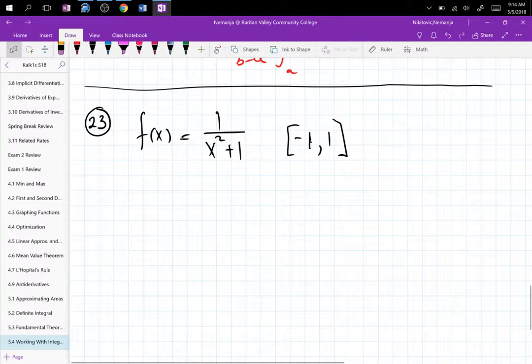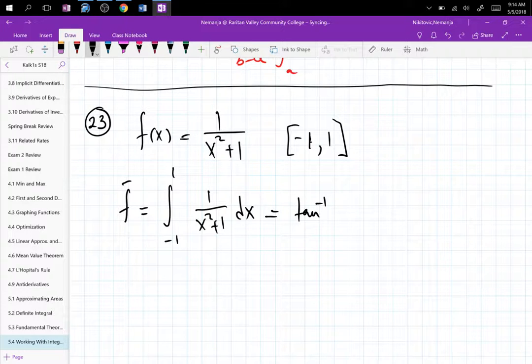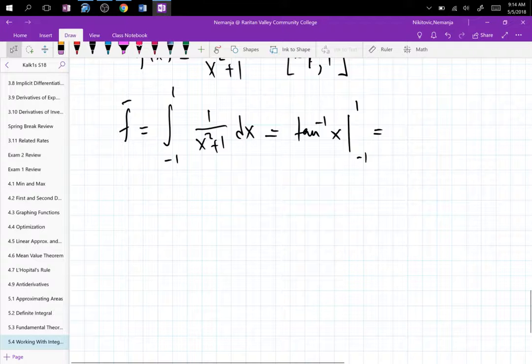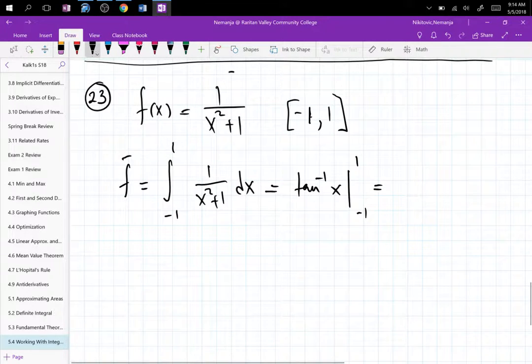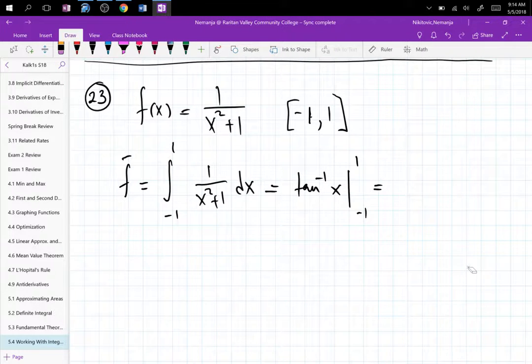So the average value is equal to the integral from -1 to 1 of 1 over x squared plus 1 dx. So that gives us the inverse tangent of x from -1 to 1. This was an even function, so we don't have to go from -1 to 1, but whatever.